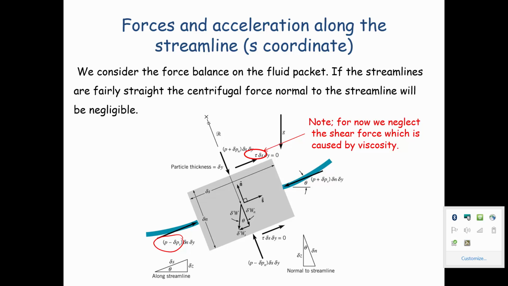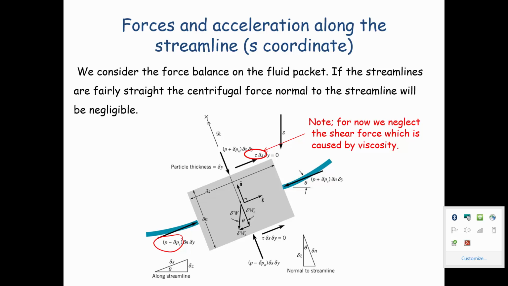That is the pressure that's acting in the S direction, and it's multiplied by the surface area of the packet on the left-hand side, which has a size of delta N normal to the streamline, and then delta Y would be the coordinate into the perpendicular two-dimensional plane. You might say into the paper or into the image that we see here.